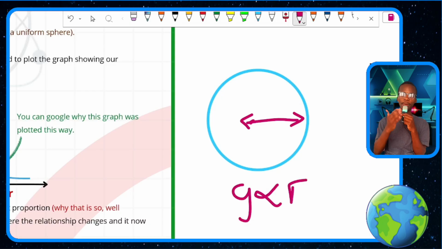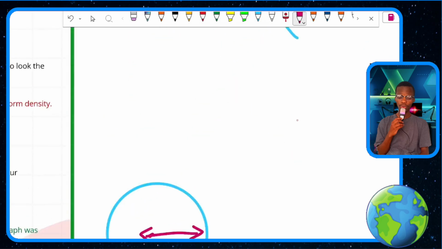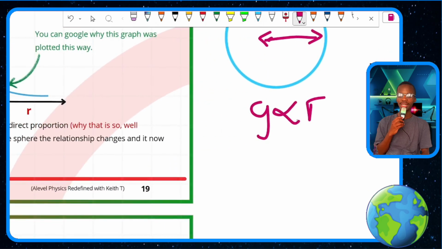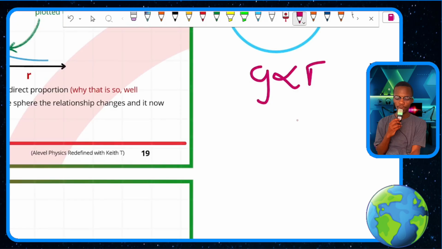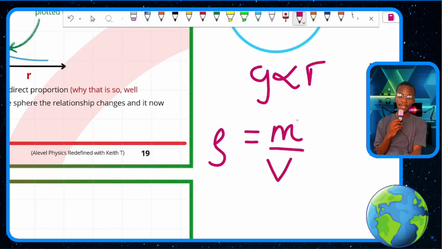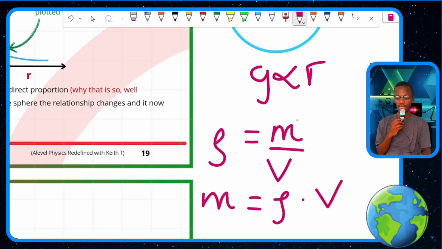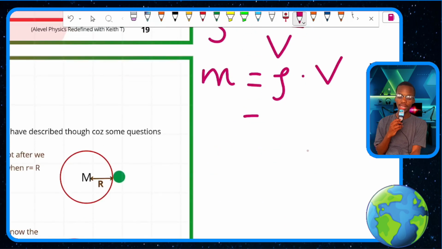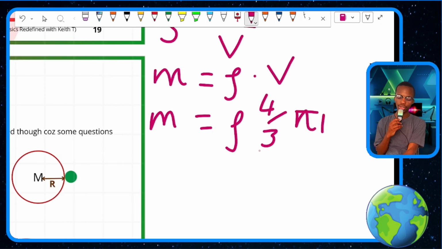Why is g directly proportional to r when we start from the center and we move towards the surface of the Earth? Well, it's an assumption that we can make, so I'm not going to go through it fully because it's not in the syllabus, but I'm just going to explain it a little bit. We know that density is equal to mass divided by volume. We say that the Earth is of uniform density, so the mass will be equal to density multiplied by volume. The volume of the Earth, since we've assumed that it's a sphere, will be 4/3 pi r cubed.